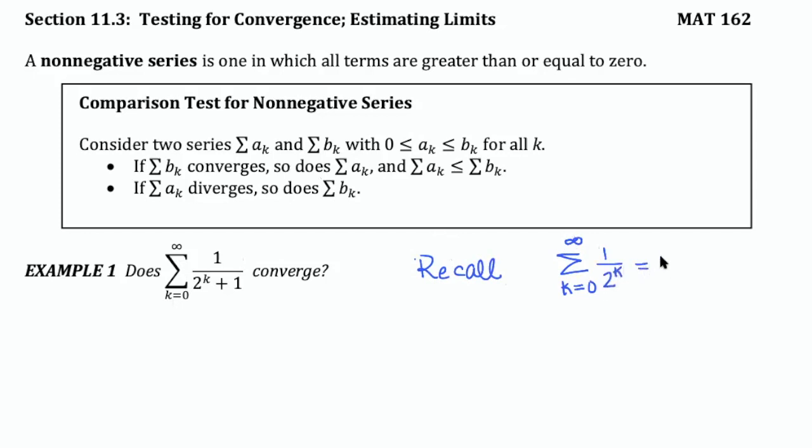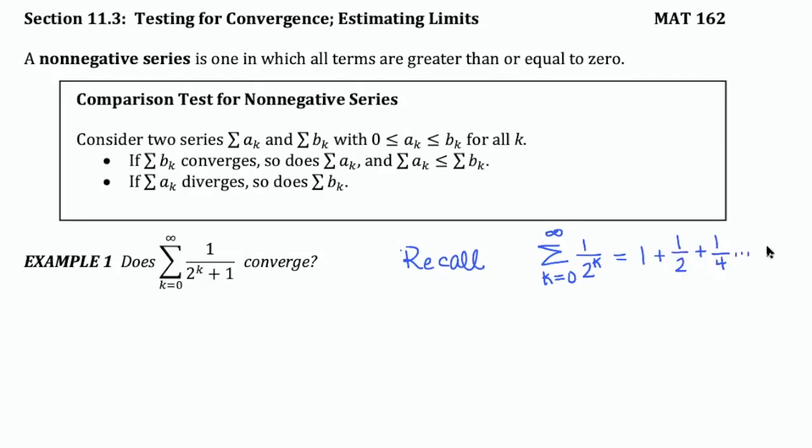So the first couple terms of that are 1 over 2 to the 0, which is 1, plus 1 over 2 to the first, which is a half, then a fourth, etc. We proved that this series would converge to the number 2.